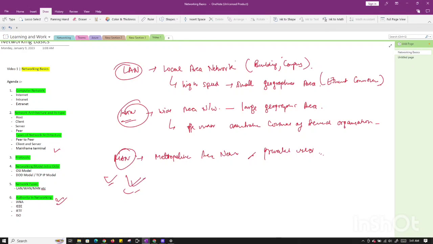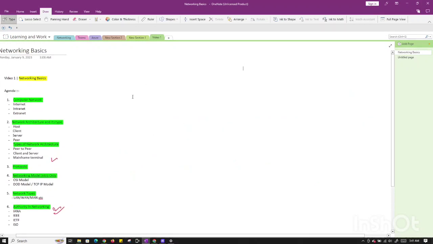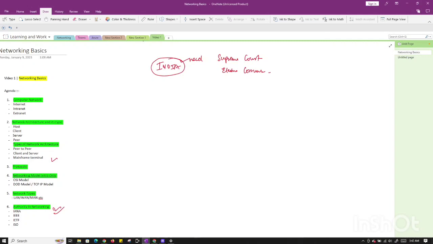So next we have authorities in networking. This is very important to understand, because you will hear about them a lot of times. Before that, I'll tell you one thing. How does India need the Supreme Court, Election Commission, RBI?